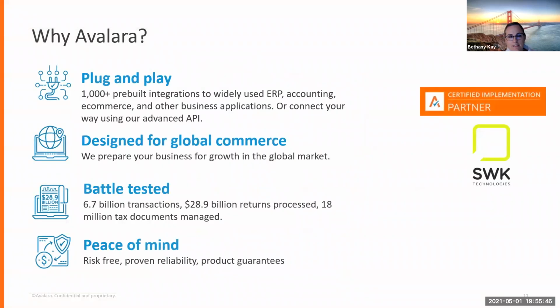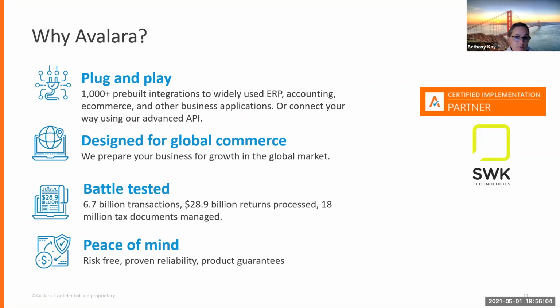All right, so the last thing I would recommend is choose a vendor with a partner that knows you well. SWK and Avalara have worked together for over 12 years, and they can provide their insight from a partner perspective with hundreds of clients of theirs on our platforms.